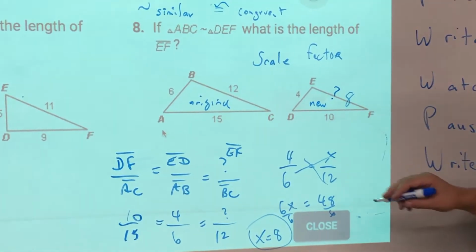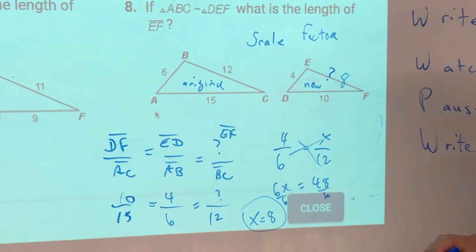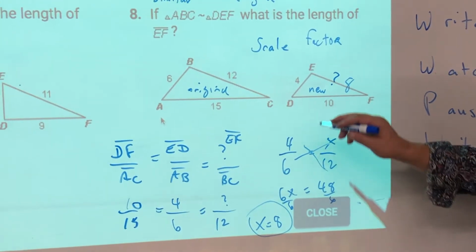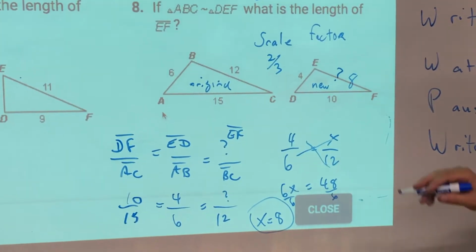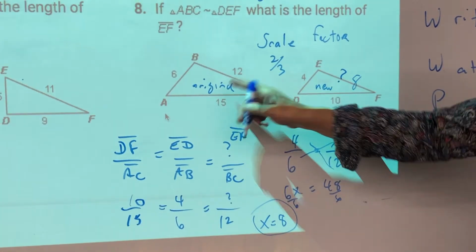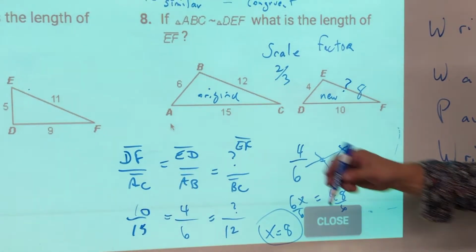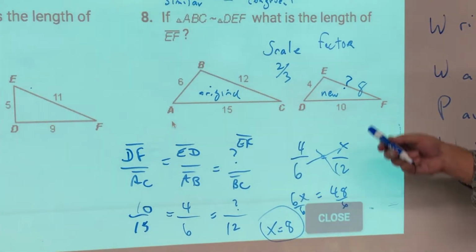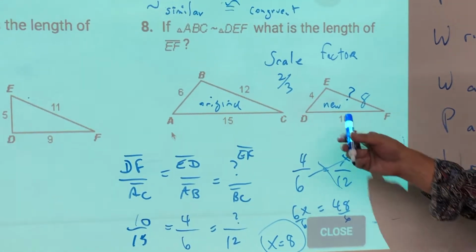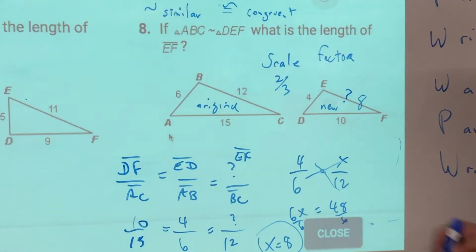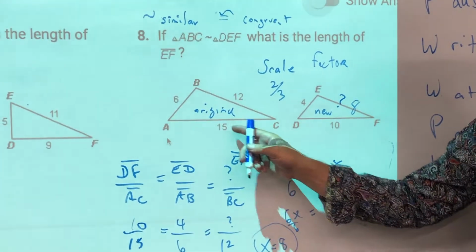Then the scale factor would be 4 over 6, or if you reduce it, 2 over 3. That means that any side here is going to be 2/3 as big as that. You multiply 6 times 2/3, you're going to get the answer, which is 4. And if you take any side, 15 times 2/3 is going to be 10, etc. And 10 is 2/3 as big as that.